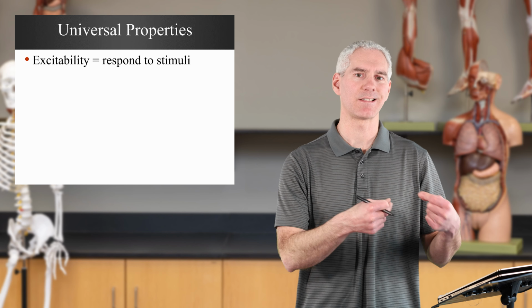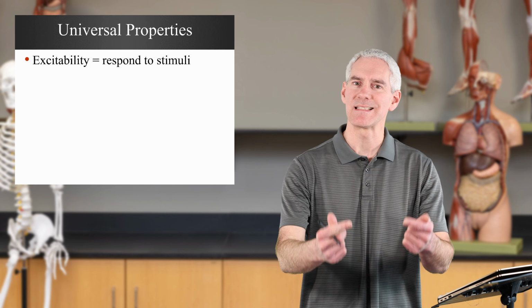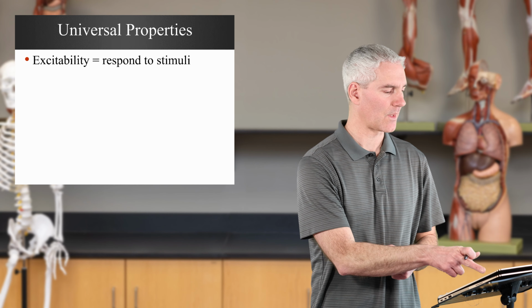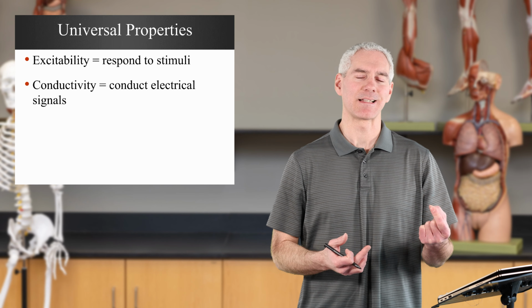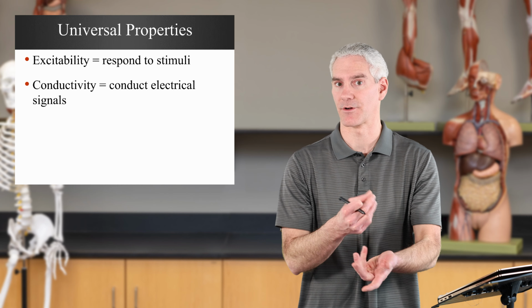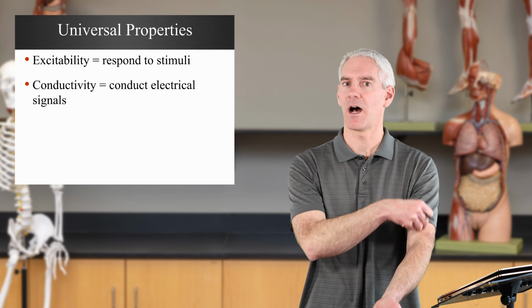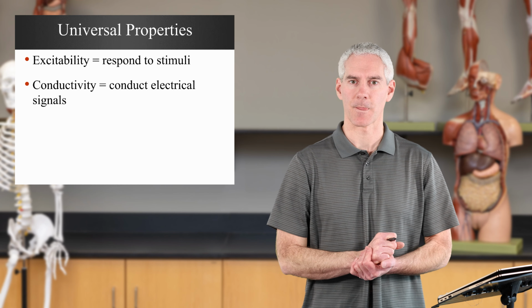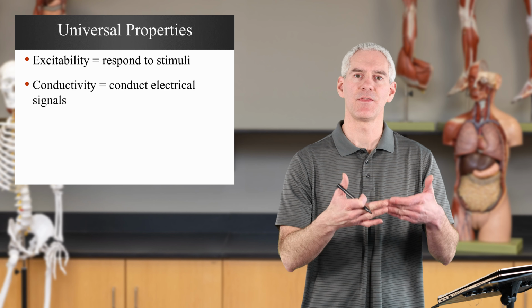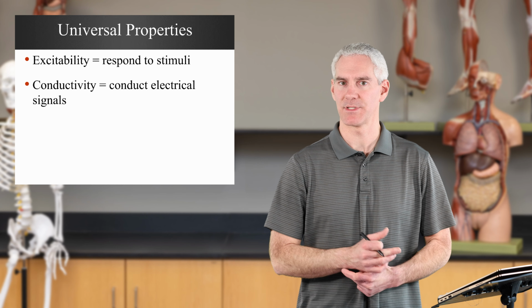You have to excite the neuron, which then sends that signal back up to the brain or spinal cord. And that's where conductivity comes in. You conduct that signal from your skin, for example, up to your spinal cord or brain. Neurons, which make up the nerves, conduct these impulses, these action potentials.